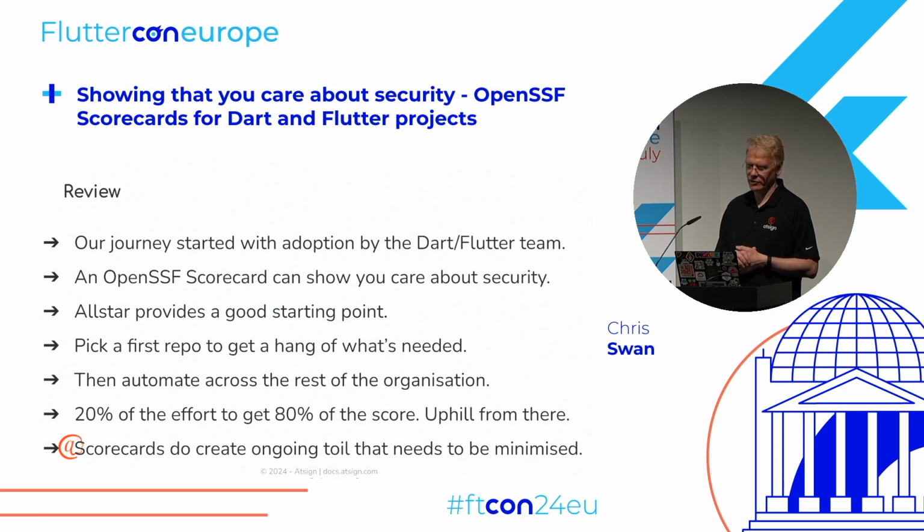Scorecards do, unfortunately, create ongoing toil, and that needs to be minimized. And you can minimize a bunch of that now with some of the newer features in GitHub Actions. But there's still other kinds of automation that I would like to be able to do.